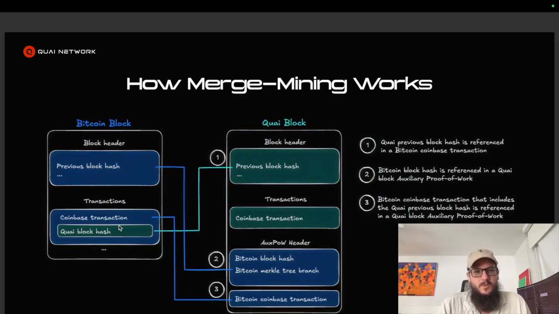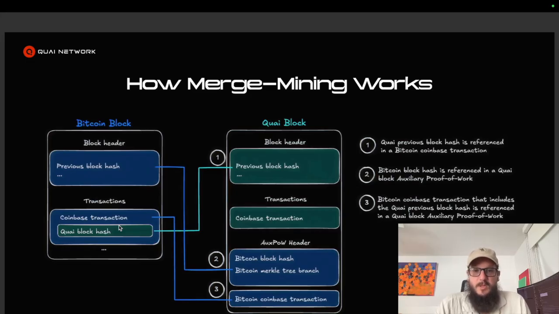The mechanics of this are that Quai takes its block hash and sticks it into the Bitcoin block header via the coinbase transaction, specifically a field called scriptsig. When a block is made by a miner, that's sent back via Stratum to the Quai node.